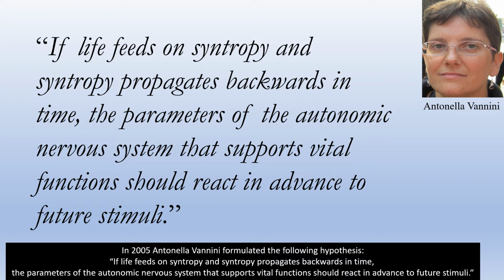In 2005, Antonella Vannini formulated the following hypothesis. If life feeds on syntropy and syntropy propagates backwards in time, the parameters of the autonomic nervous system that supports vital functions should react in advance to future stimuli.